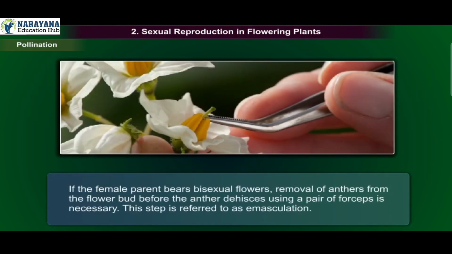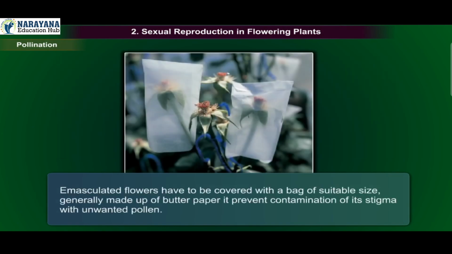If the female parent bears bisexual flowers, removal of anthers from the flower bud before the anther dehisces, using a pair of forceps, is necessary. This step is referred to as emasculation. Emasculated flowers have to be covered with a bag of suitable size, generally made up of butter paper.